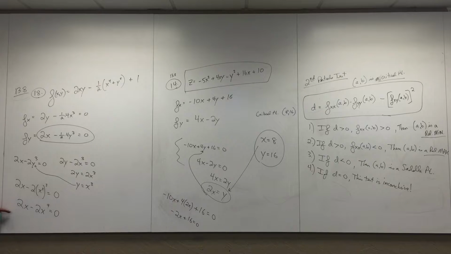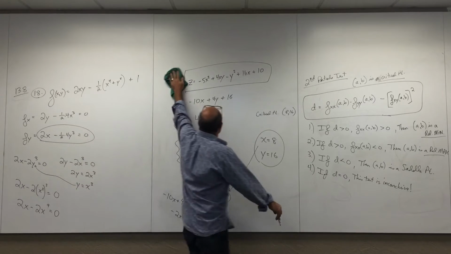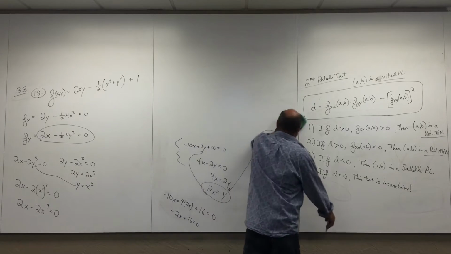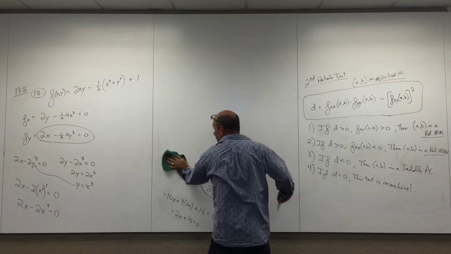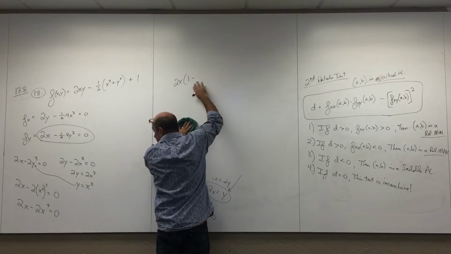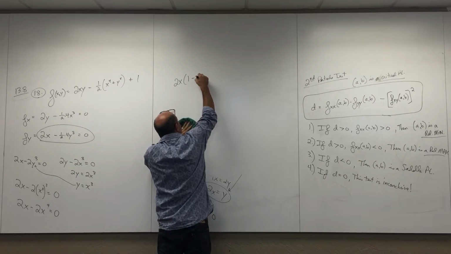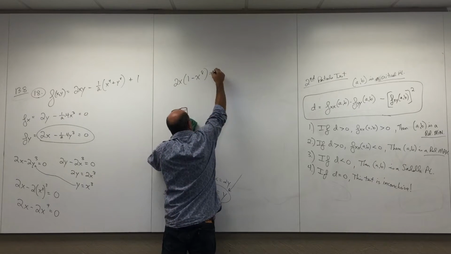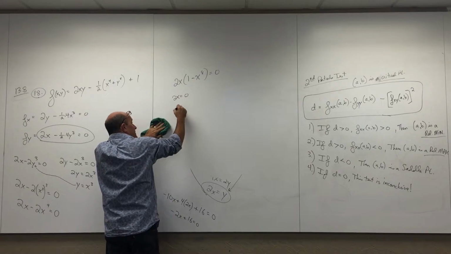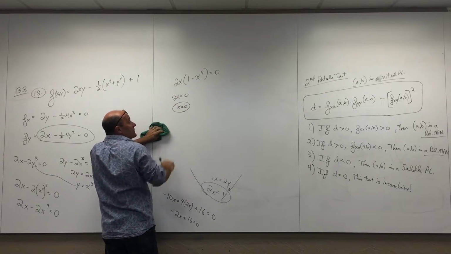Do you know how to solve that equation? Factor. Could factor a 2x out? Factoring out a 2x, I'm left with 1 minus x to the 8th equals 0. I set the 2x equal to 0, and I get x equals 0 as one of my answers.